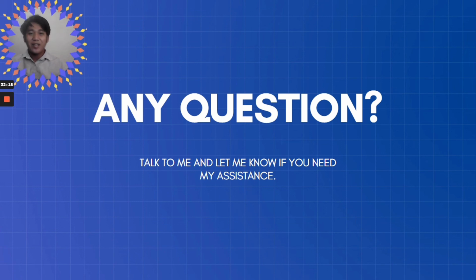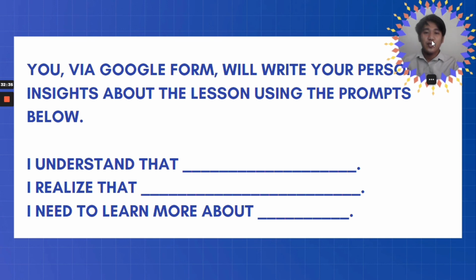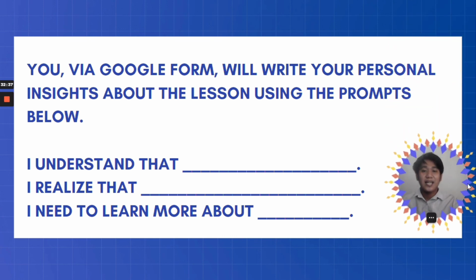If ever, just send me a PM of your inquiry and let me know how I can be of help, what assistance I can offer you with this week's topic. Now, for your reflection, you will write your personal insights about the lesson using the prompts below.